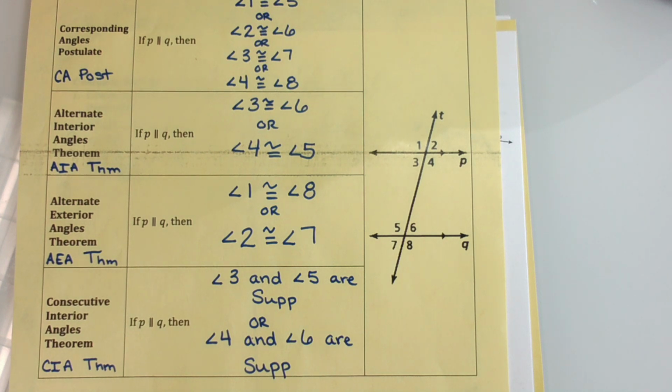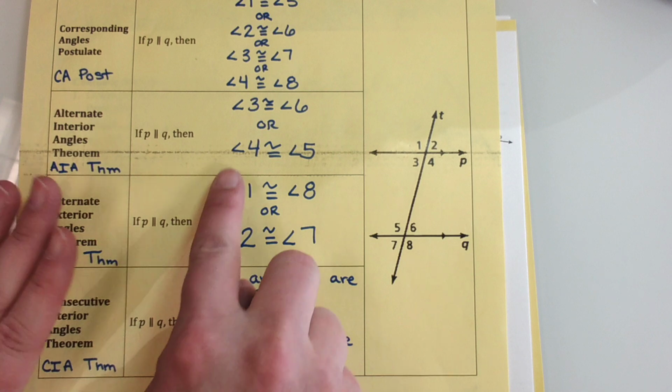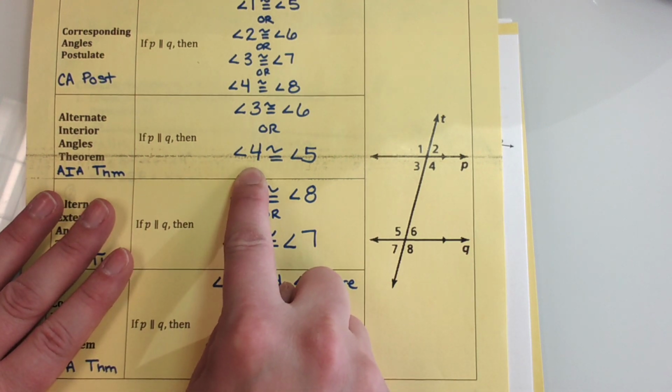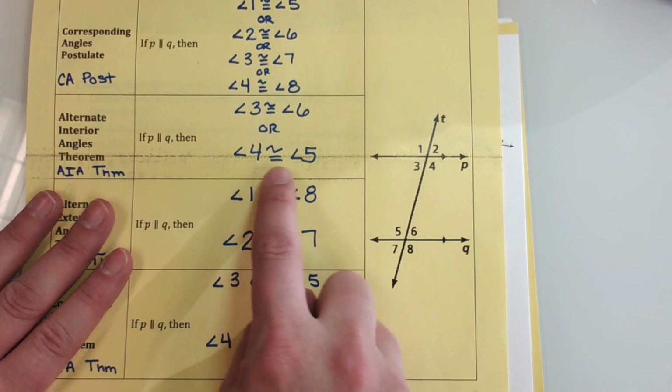Now, do you notice that it says that they are congruent on the postulate sheet? Yes, no, maybe. Do we notice it's a congruent symbol and not an equal sign? Do you notice that it's giving the name of the angle and not its measurement? It didn't put like 50 degrees. It said angle 4. It said angle 5. Now, why am I emphasizing that?